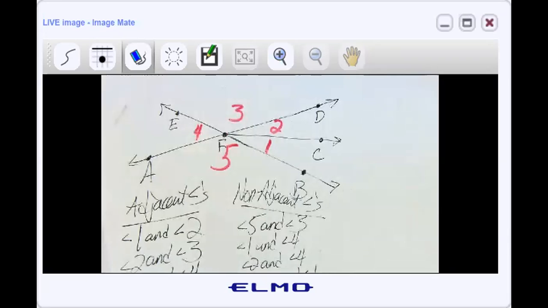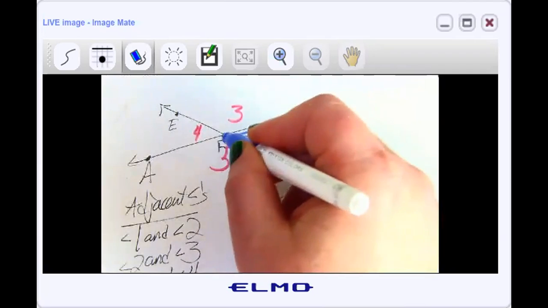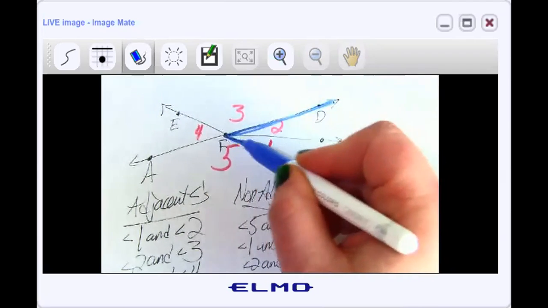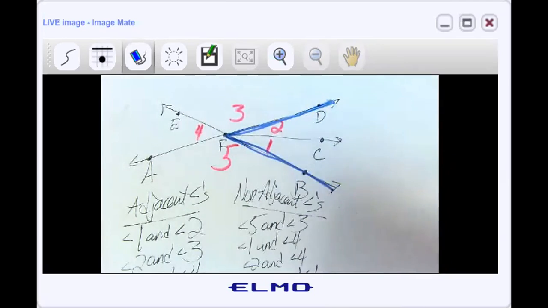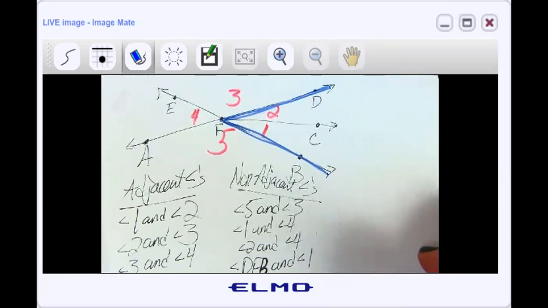I hope you don't mind. So I'm talking about this angle, DFB, this big old one. Who is adjacent to that one? Who is its next door neighbor? Anybody see?